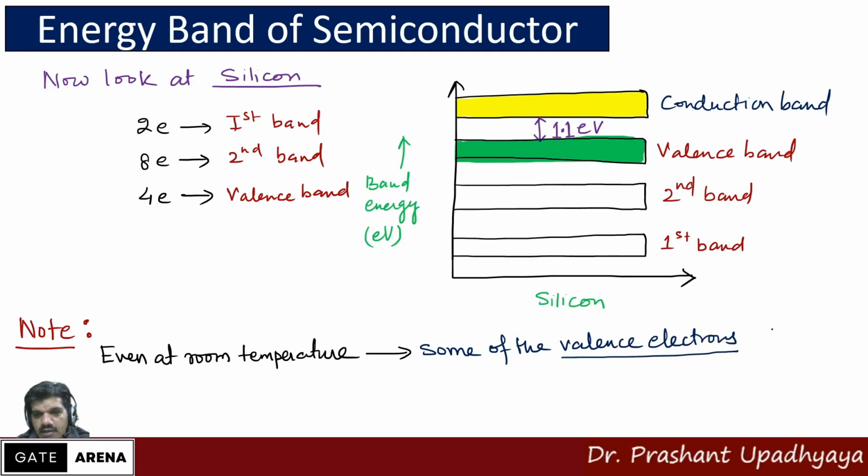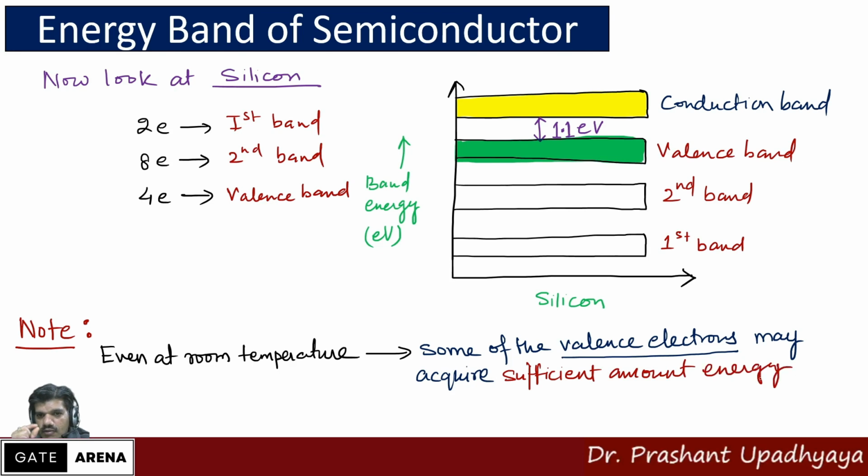I'm underlining valence electrons because we are talking with respect to the valence electrons. Some of the valence electrons may acquire a sufficient amount of energy, because the energy gap between the valence band and the conduction band is very small.